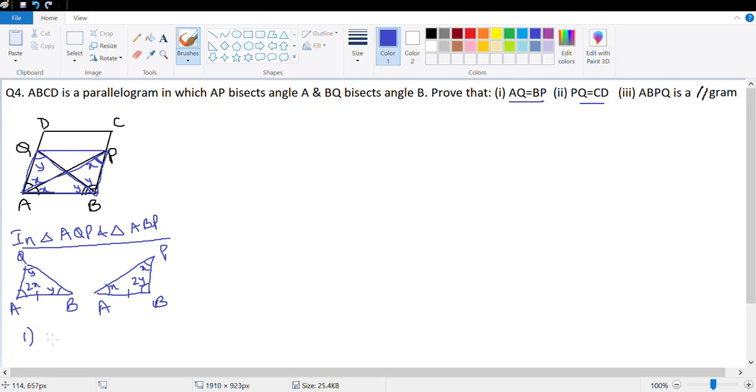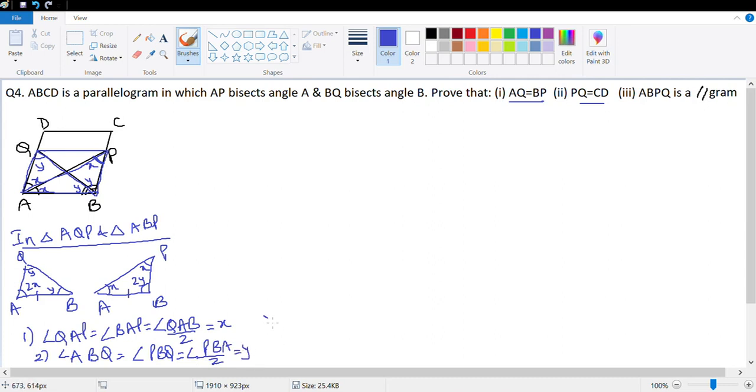So number 1 is angle QAP is equal to angle BAP is equal to angle QAB upon 2 is equal to x. Perfect. Number 2 is angle ABQ is equal to angle PBQ is equal to angle PBA upon 2 is equal to y.